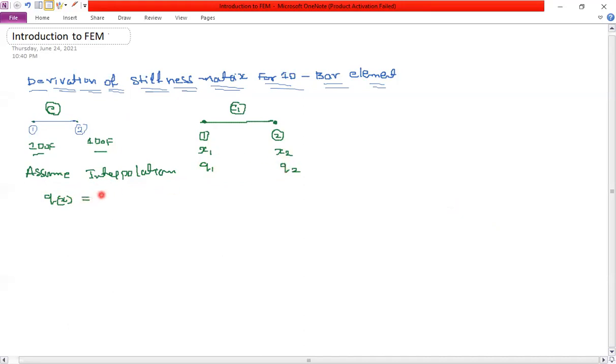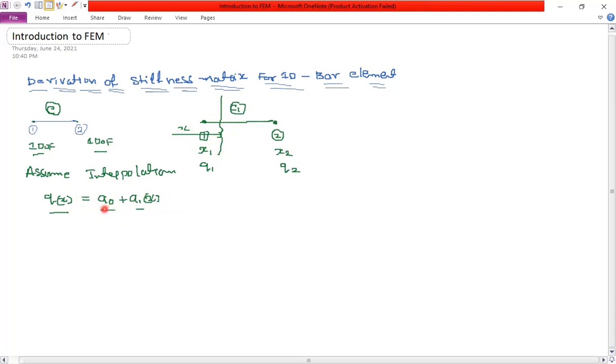Let us assume the interpolation function q of x is equal to a naught plus a1 times x, because if you take any point in the element, let us say this is x, the interpolation function q of x would be satisfied. Here a1 and a naught are the two constant values.